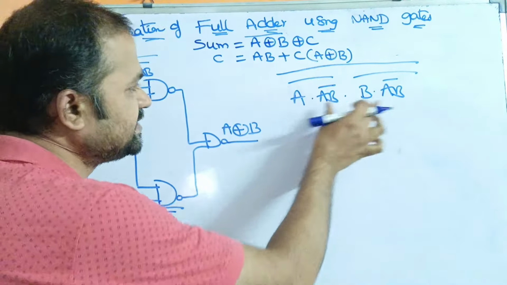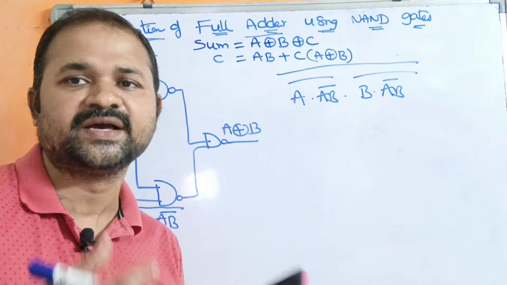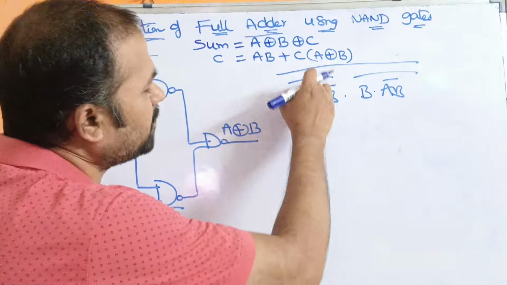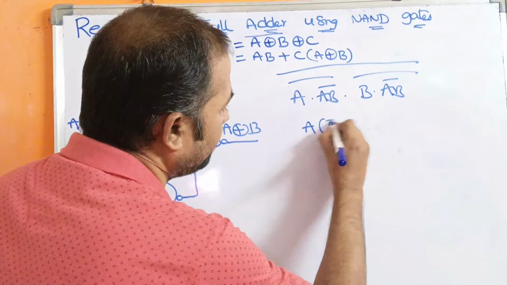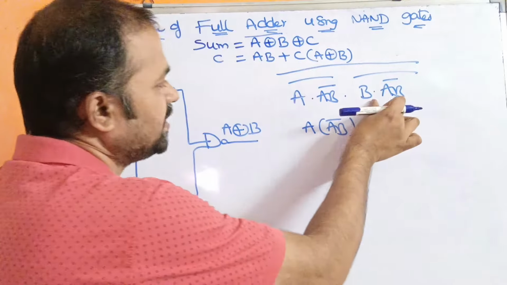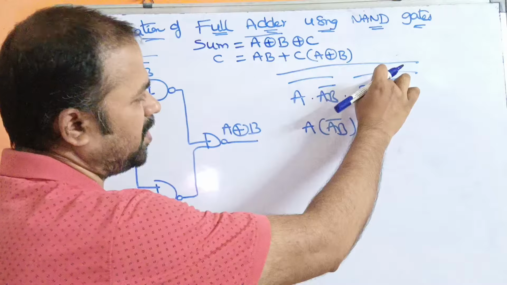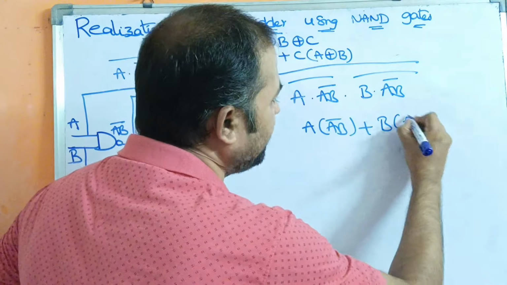Next, this is in the form of AB whole bar. The formula for AB whole bar is A bar plus B bar. So A bar means A into AB bar, whole bar, plus B bar, which means B into AB bar, whole bar. The bars cancel, producing only A into AB bar and B into AB bar.